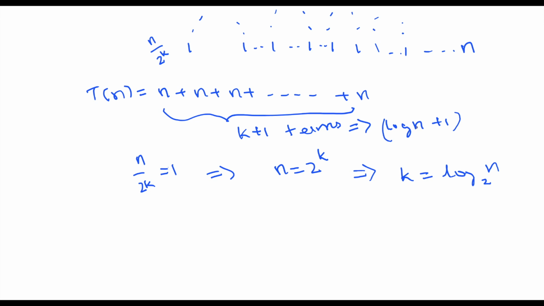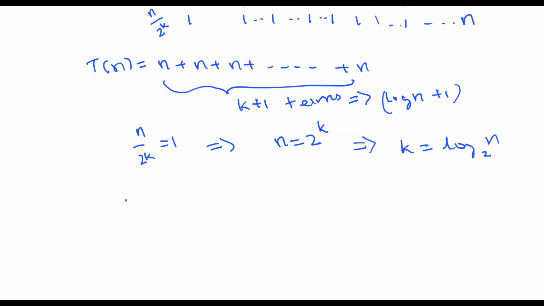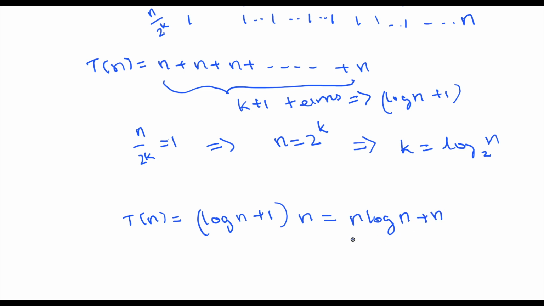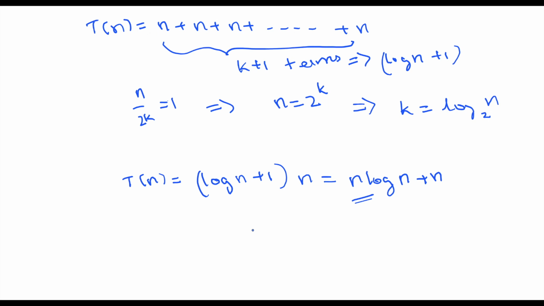So we have essentially log n plus 1 n's, so T(n) will be (log n plus 1) into n. So this is n log n plus n, and if you look at this equation, the leading term is n log n. So this is a problem of size big O of n log n.